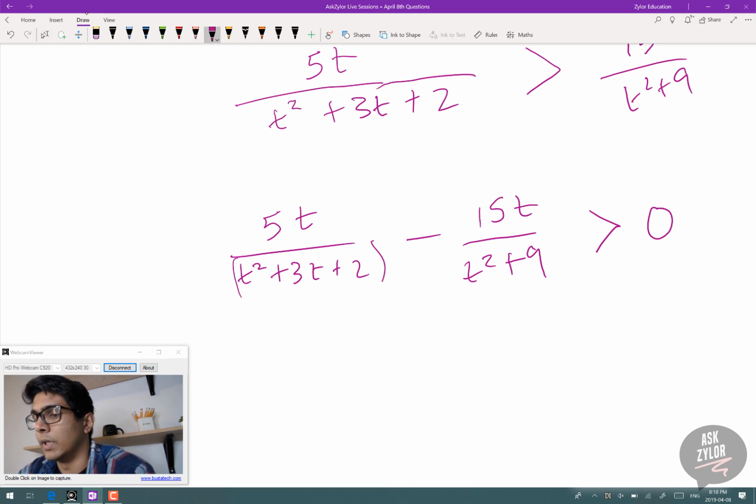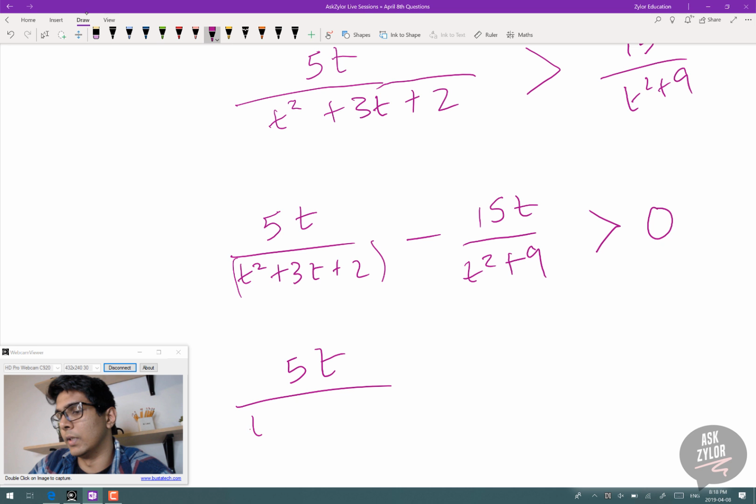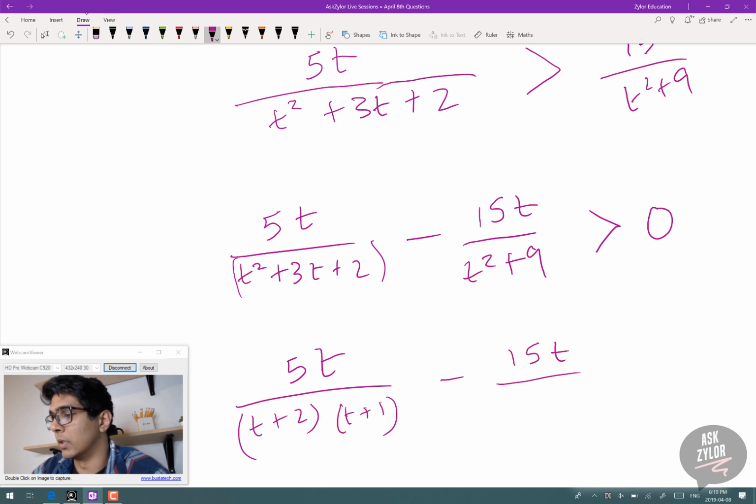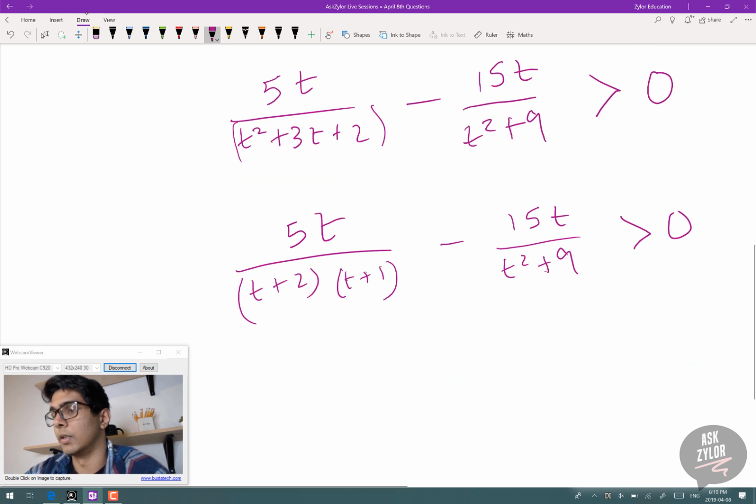try and factor out my denominators to see if I can get common denominators. So I have 5t over t plus 2, t plus 1. Minus, I'm going to keep the second term the same. So greater than 0.